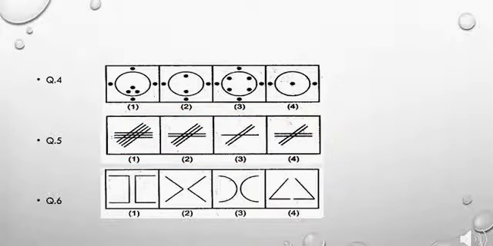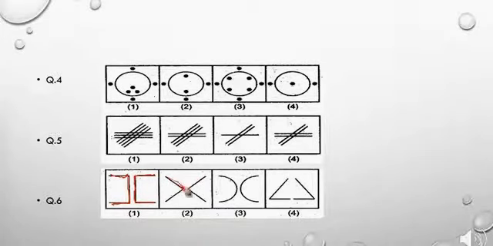Okay, now let's go to question number 6. In question number 6, we observe that there are similar looking figures which are placed in opposite directions. For example, in problem figure 1, this is the shape which is exactly the shape here also, but the direction is reverse.